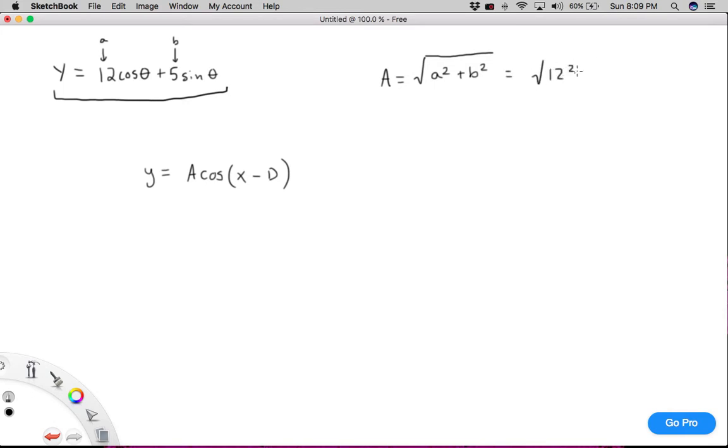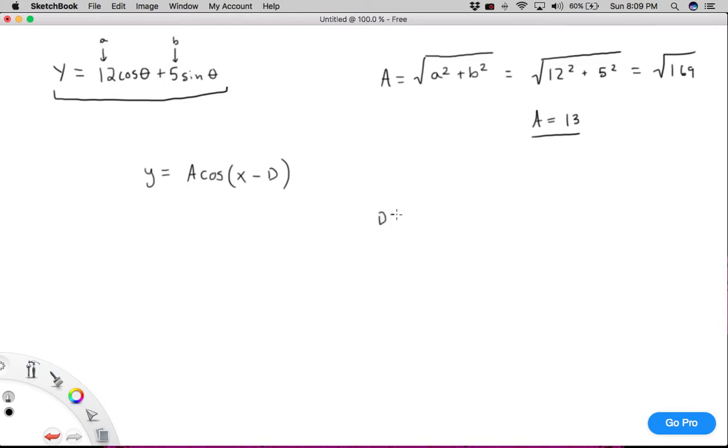So we're going to get square root of 12 squared plus 5 squared. That's 144 plus 25, which is 169. And so the amplitude of our new sinusoid is going to be 13. We're going to hang on to this number.